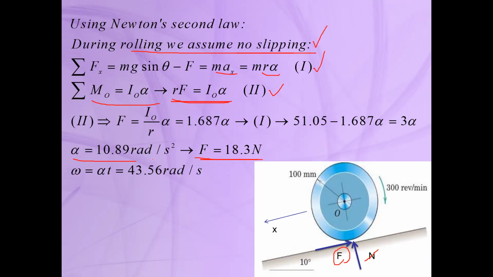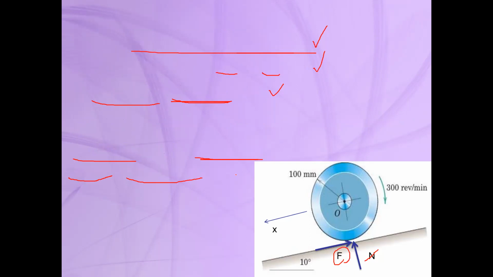It's validated, and we can obtain that omega is equal to alpha t, because the acceleration is a constant value. So after 4 seconds, because omega starts from 0, it's equal to alpha t plus 0, which is the initial angular velocity, and t is 4. So easily you can calculate that the final angular velocity omega is 43.56.